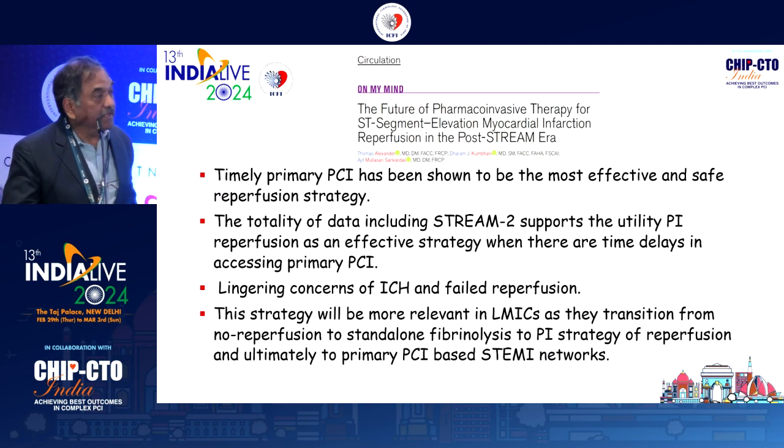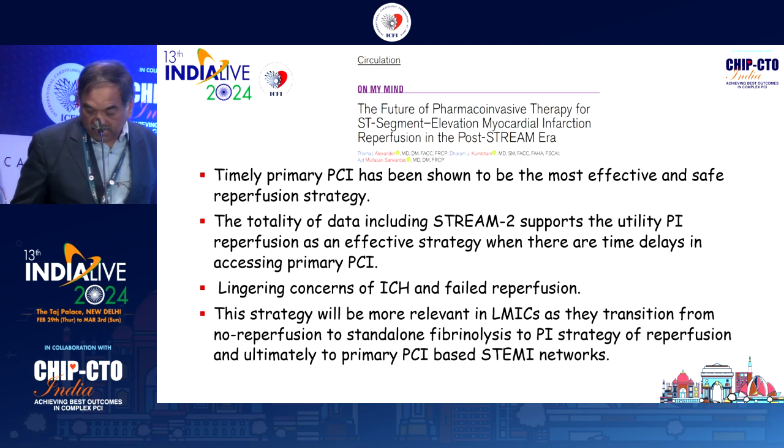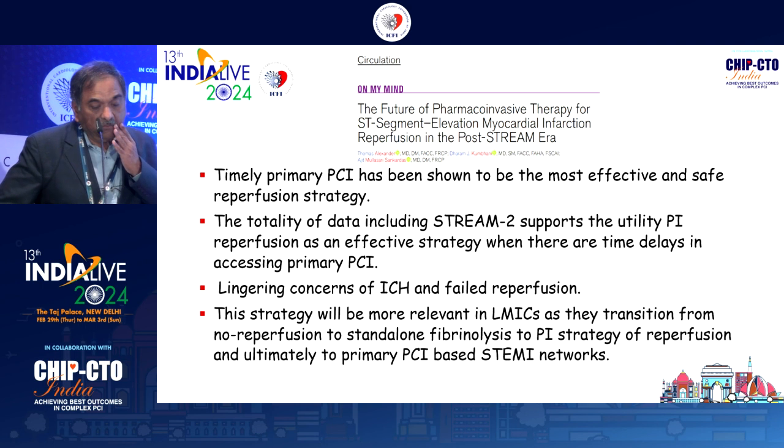And finally, this is an editorial that Ajit and I have just written in Circulation, which will be out next month. Timely primary PCI has been shown to be the most effective and safe reperfusion strategy. The totality of data from STREAM 1 and STREAM 2 supports the utility of pharmacoinvasive.